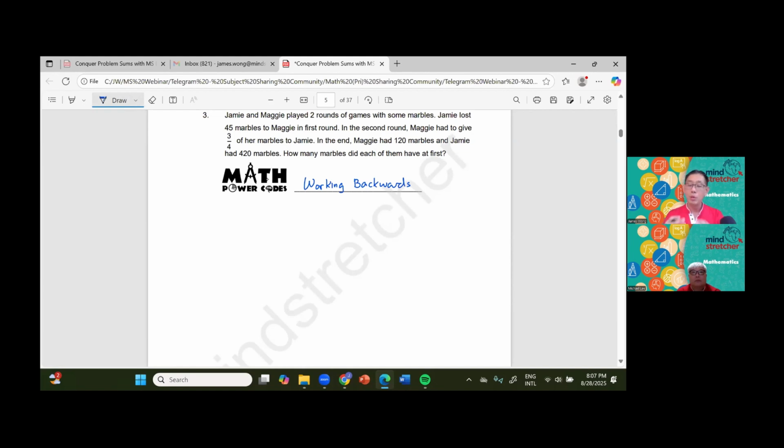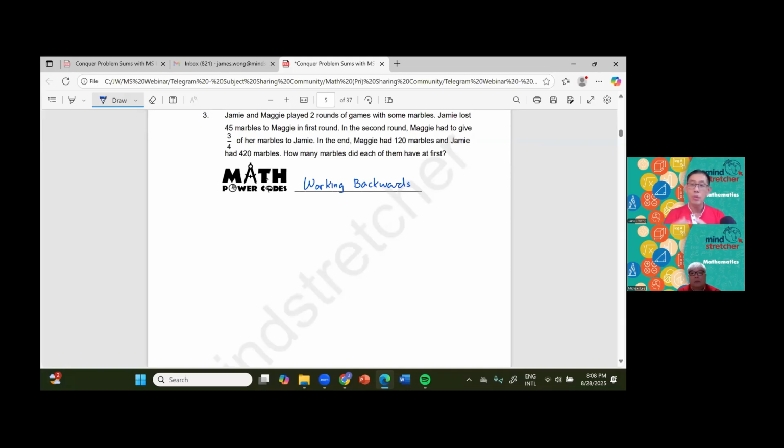The question asks, what is the marble at first? I'm happy to see that some of you recognized that this question is about working backwards, because there's a sequence of changes going on, and finally you have an end state. So the question asks you, what is the initial state?